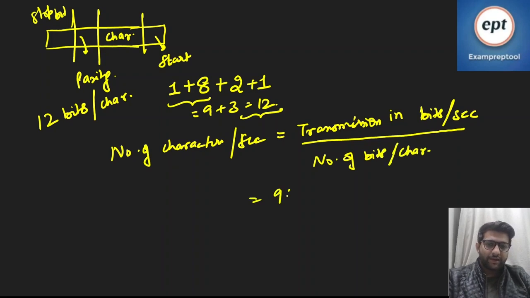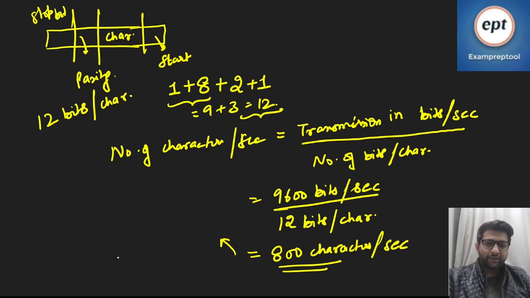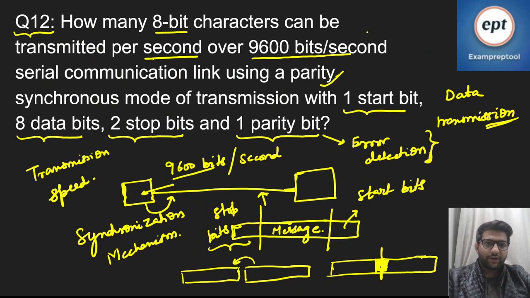So this is 9600 bits per second divided by 12 bits per character. This will be 800 characters per second, right? So this will be our transmission speed. So the answer will be 800.